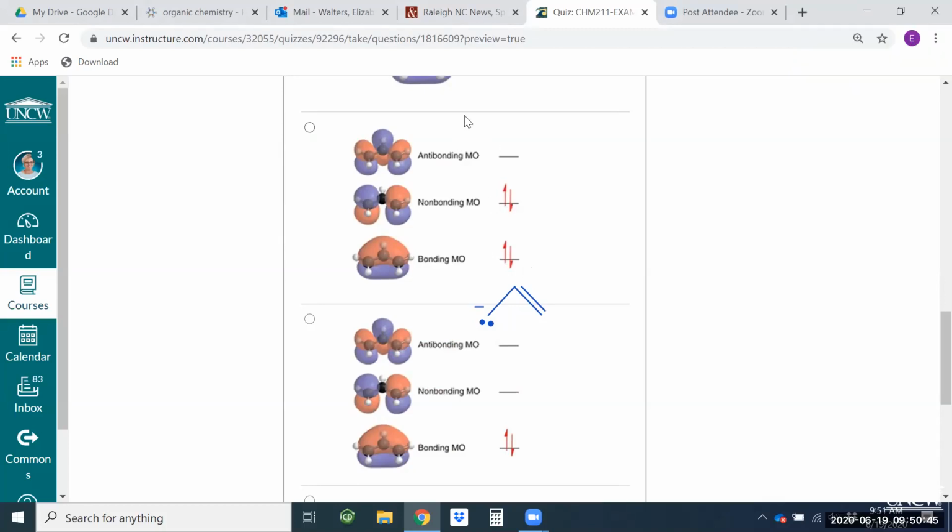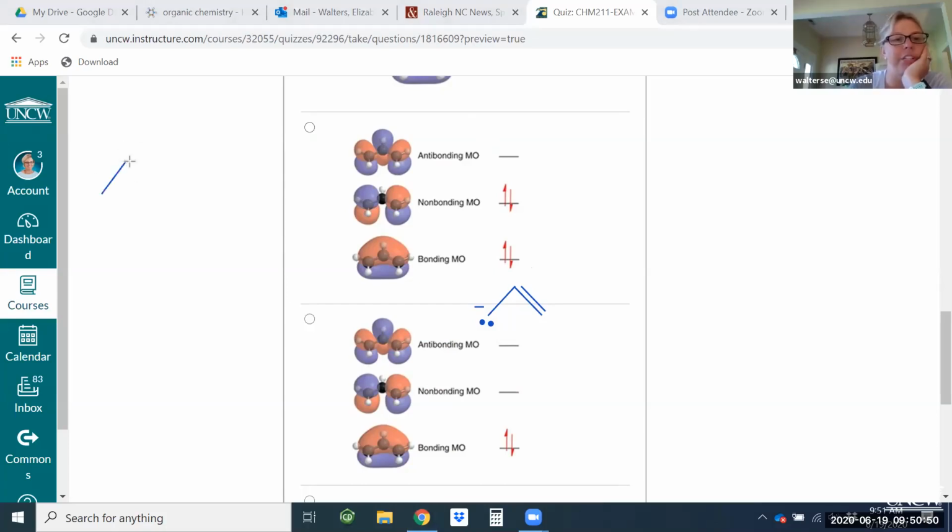Okay, yeah, I definitely didn't think about the lone pair. Yeah, so remember you have 3 different ways you can have carbons. And that's an unfortunate part of line bond drawings: you don't have to show lone pairs. So this is a carbanion, but like I said, the lone pairs aren't shown. Then you would have, I'm just going to draw it flat, your regular plain old carbon right here in the middle.